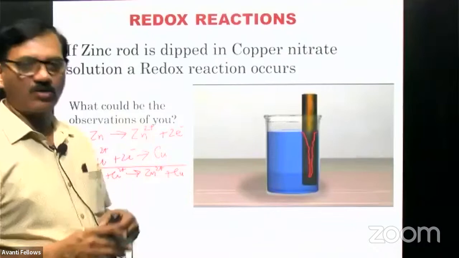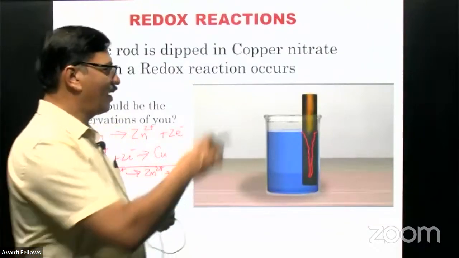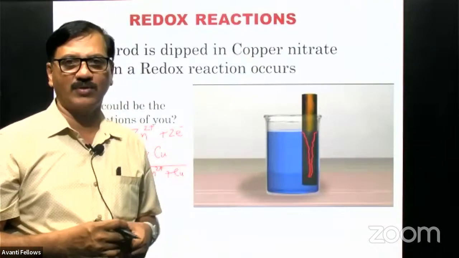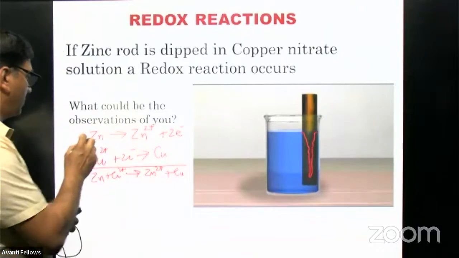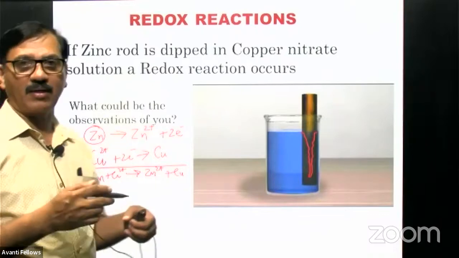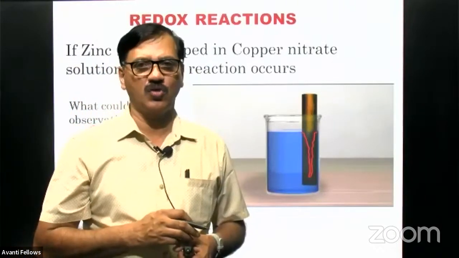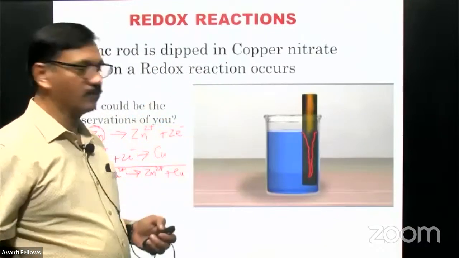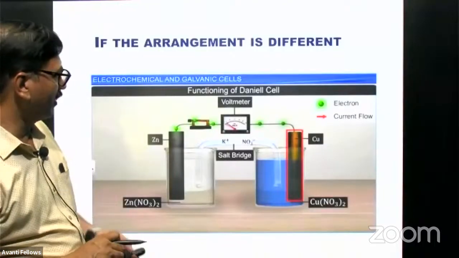This is the redox reaction that we observe when a metal is directly dipped into the aqueous solution of another metal salt. Here zinc is more reactive than copper, therefore it can displace copper ion from the salt solution. Suppose it is done indirectly. Indirectly means the arrangement is a little different.